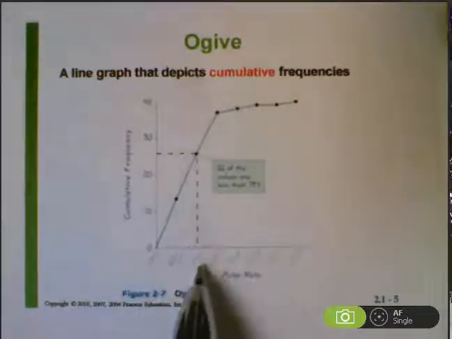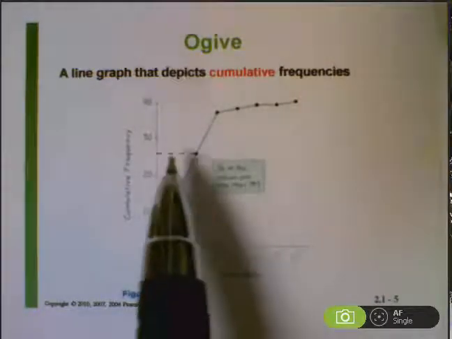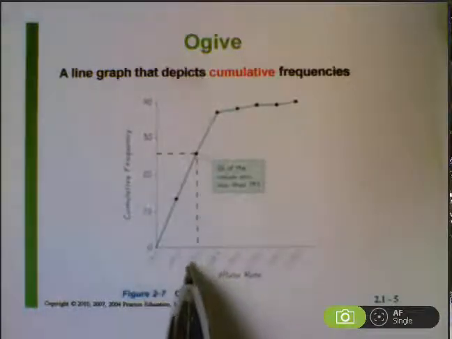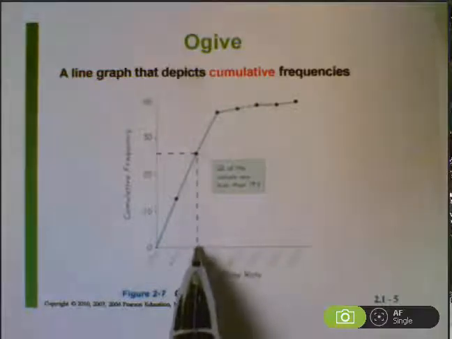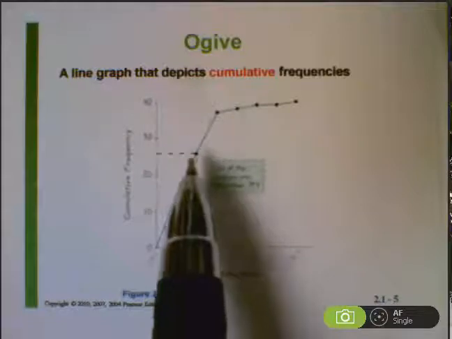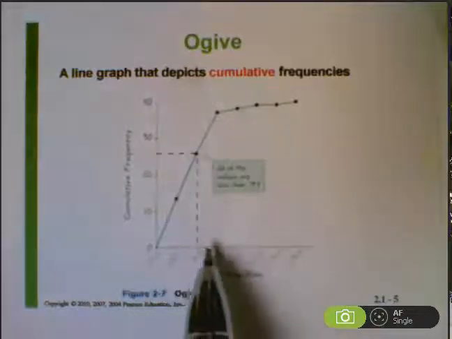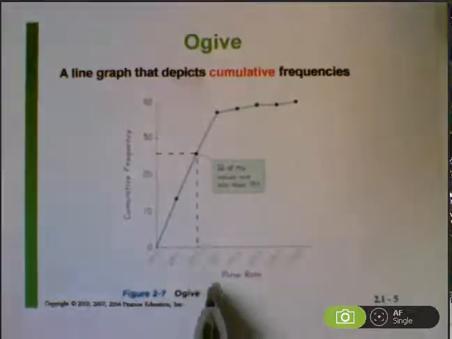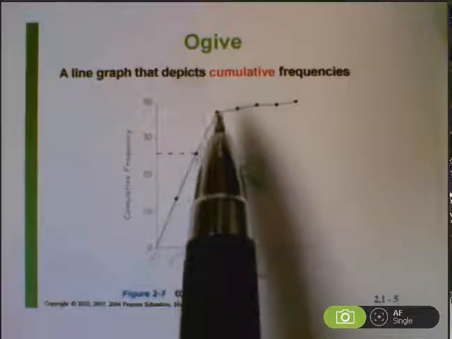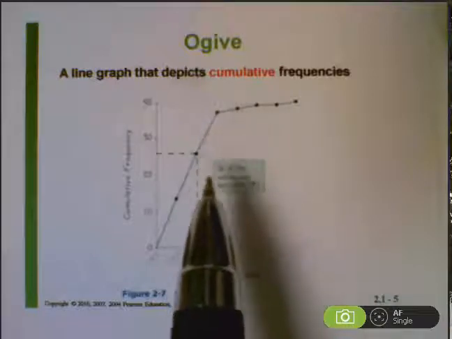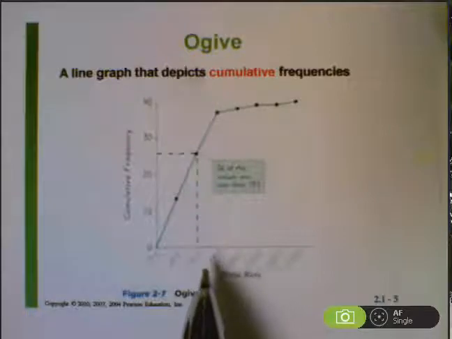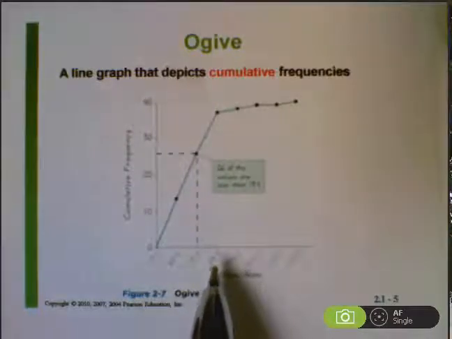So when I look at this point that has dotted lines here, that would say for the class whose midpoint is 79.5, about 25, 26 people had pulse rates below that, and about 35, maybe 38% of people had pulse rates below the class whose midpoint was 89.5.